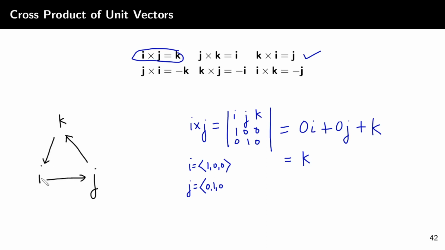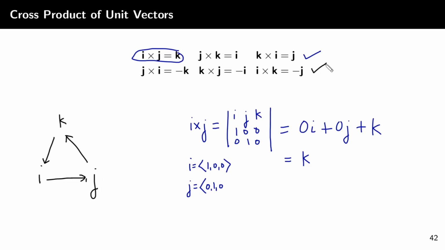So, if you want to get the cross product of i and j, so i cross j, you just go to the next one, which is k. So, i cross j is equal to k. Now, j cross k is equal to i. And then k cross i is equal to j.